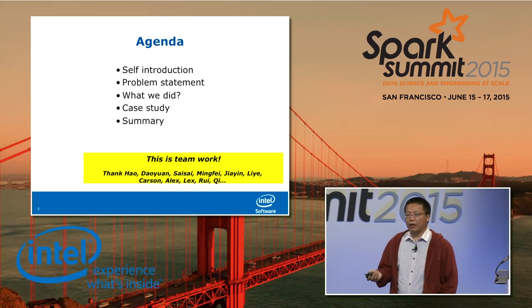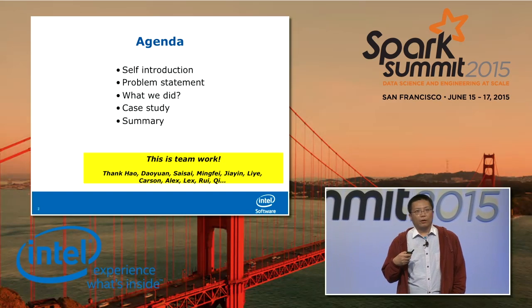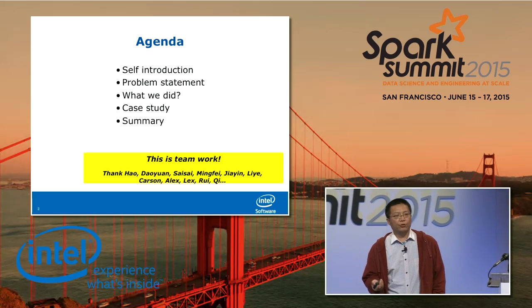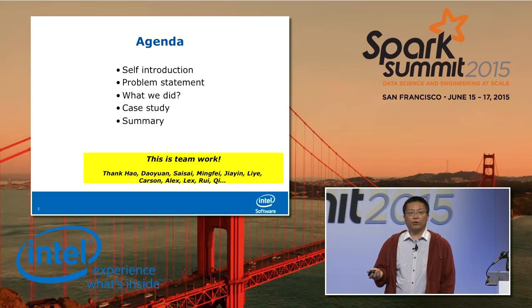After that, I will give several examples to give you an idea of how we're helping our customers and partners solve real performance problems in the production environment. And in the end, a summary.